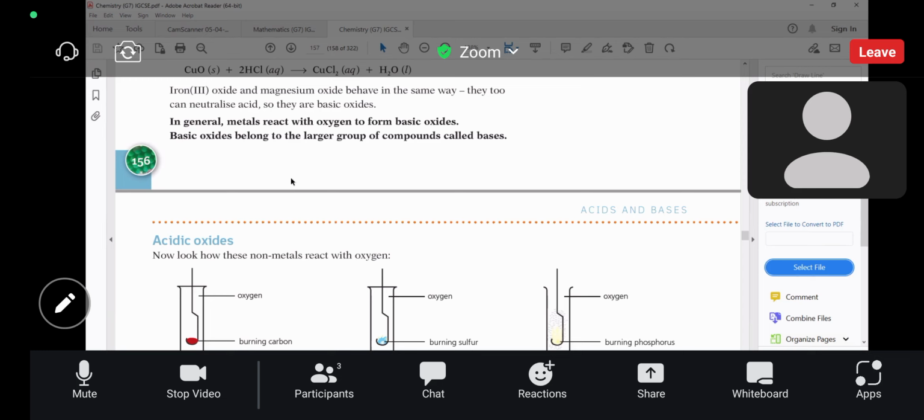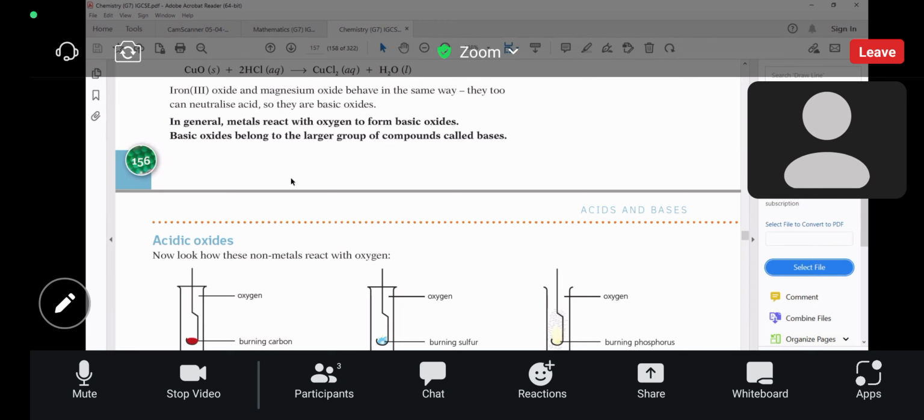Basic oxides. The second one is acidic oxides. The third one is amphoteric oxides. The fourth one is neutral oxides.